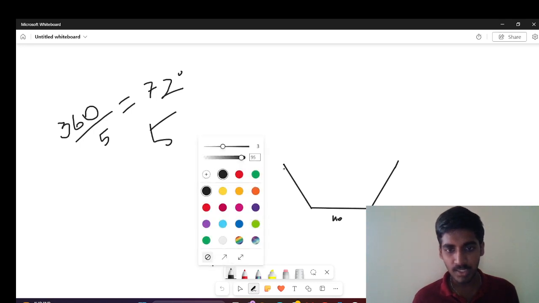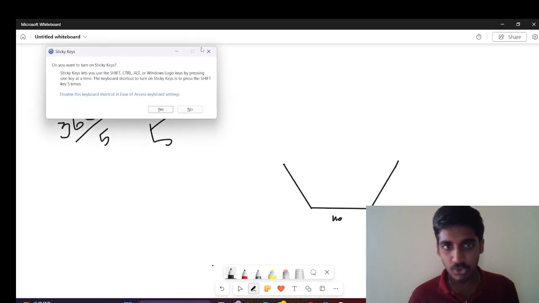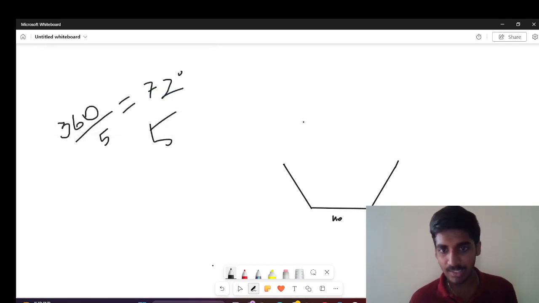Here, taking the length of the side, which is 40 mm, I'll draw an arc from here. Taking the compass, I'll keep my point here and draw an arc over here with 40 mm radius.